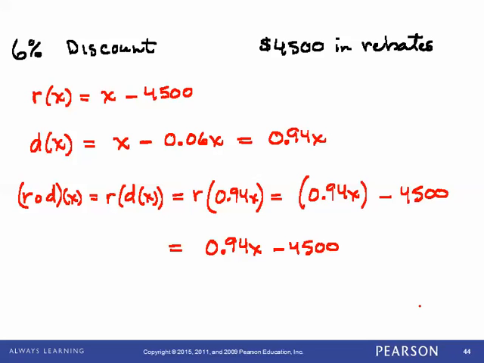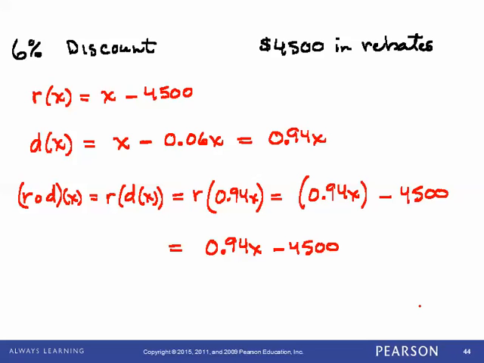So if you're at a dealership and they take off the rebate first, a car that costs $10,000, you take the rebate, now it's only $5,500, and then you're going to pay 94% of that.